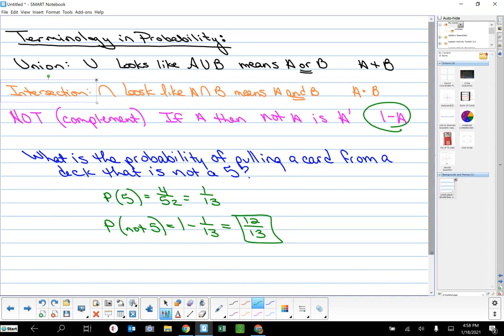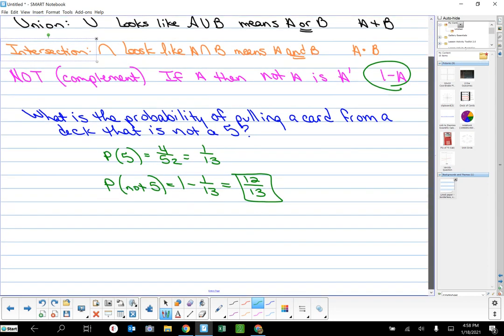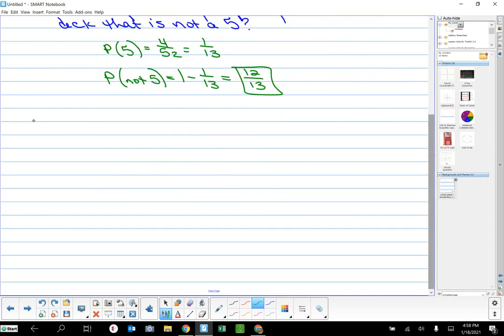So there's also, you're going to get a problem in varsity where they're going to give you the probability of A is equal to something. The probability of B equals something else. And then they're going to give you the probability of B given A is something else.